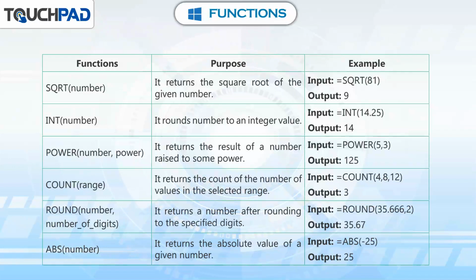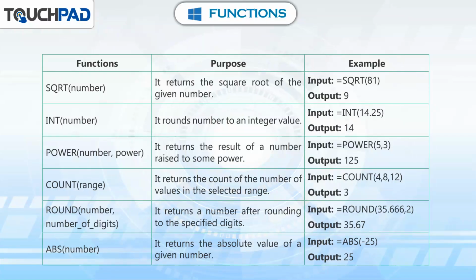Output: 125. COUNT(range). It returns the count of the number of values in the selected range. Input: =COUNT(4,8,12). Output: 3. ROUND(number, num_digits). It returns a number after rounding to the specified digits.